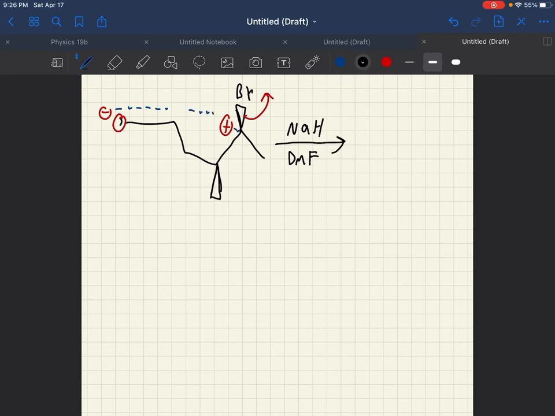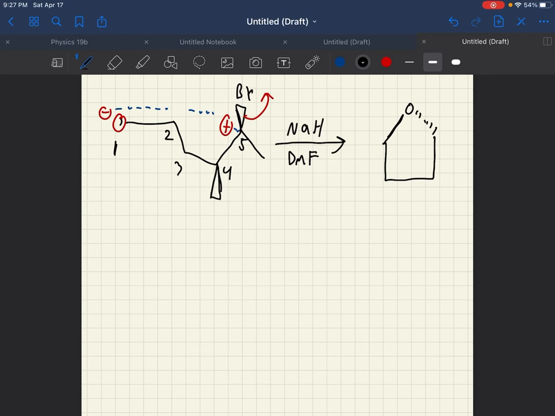So now then all you have to do is number 1, 2, 3, 4, 5. So you're going to have a 5-membered ring. It's an oxygen. However, you have to remember that oxygen is going to attack from the back because that bromine left, and this is technically going to be kind of like an SN2 mechanism is how you should think of it.